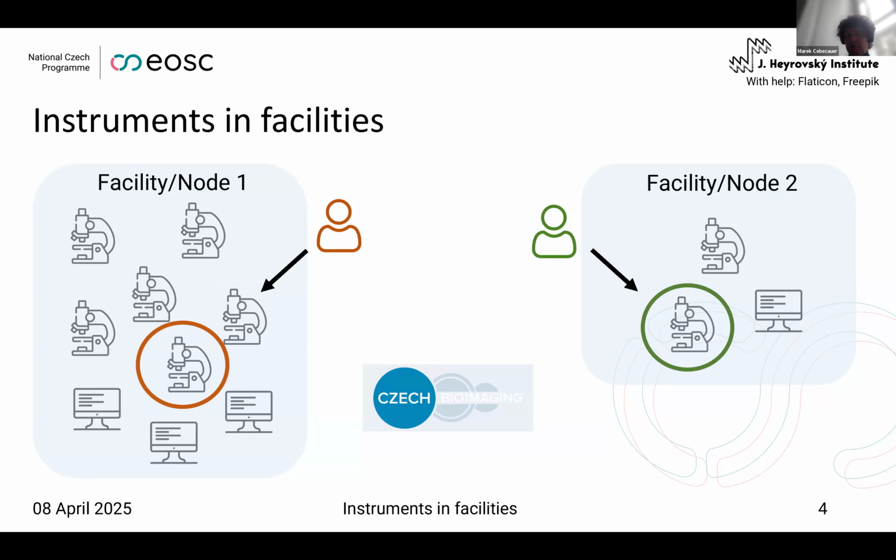Another user would simply approach the same or another facility. I forgot to indicate in this animation that the brownish user can access one facility, but sometimes the experiments are more complex, so the sample is observed using different instruments, and they can approach more facilities with special instruments.